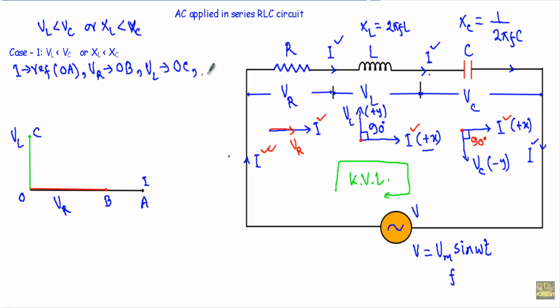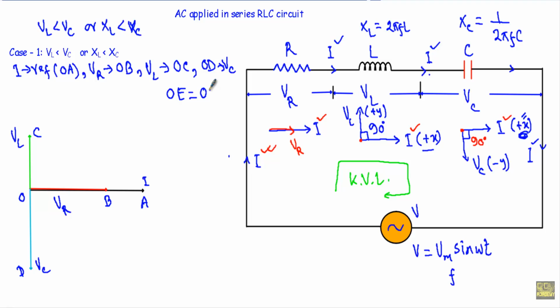Now see, the voltage across the capacitor VC will lag phasor current I by 90 degree. If I take reference current I in plus x-axis, I will take VC in minus y-axis. That means I will take VC in this direction. So this OD will indicate our voltage phasor VC. Now see, this OC and this OD are going in opposite direction. Therefore, let's say the resultant of them, I'll denote that with OE.